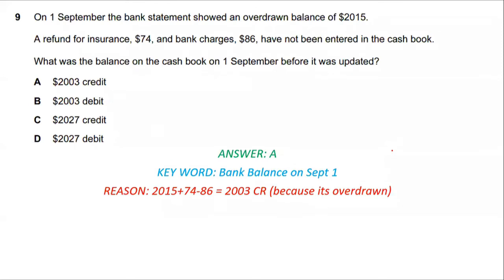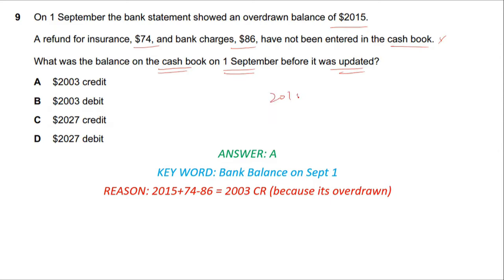Multiple choice 9. On 1st September, the bank statement showed an overdrawn balance of 2015. A refund for insurance $74 and bank charges of $86 have not been entered in the cash book. What was the balance on the cash book? It's asking for the cash book balance on 1st September before it was updated. So these were not entered, and we need to take this effect into this overdrawn balance.